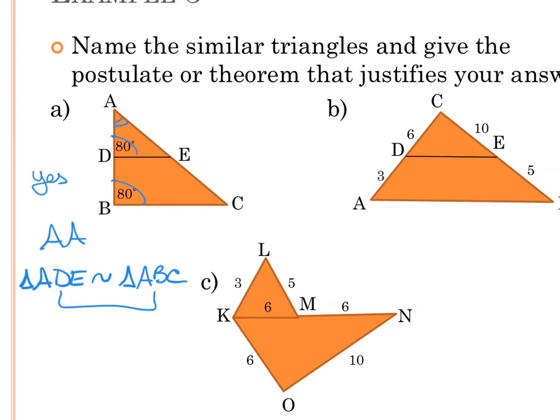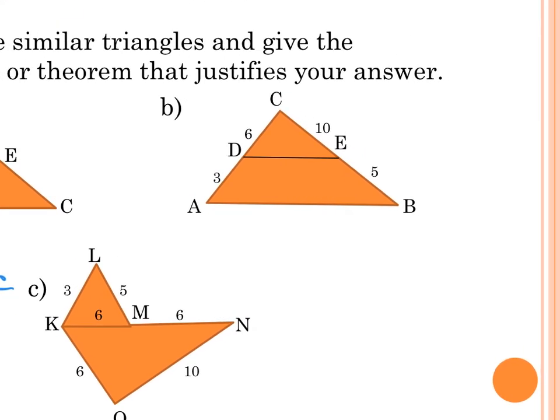What about figure B? What can we use? Side angle side. Good, side angle side. They both share angle C. And let's check the proportionality of the sides. For the smaller one, remember the larger triangle here has a side length of 9.